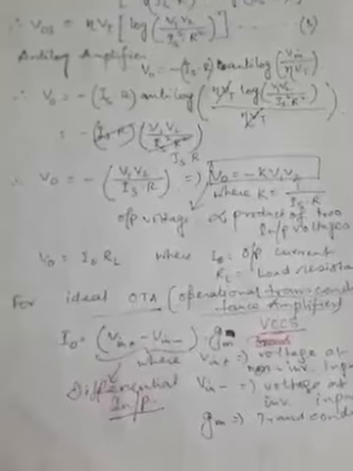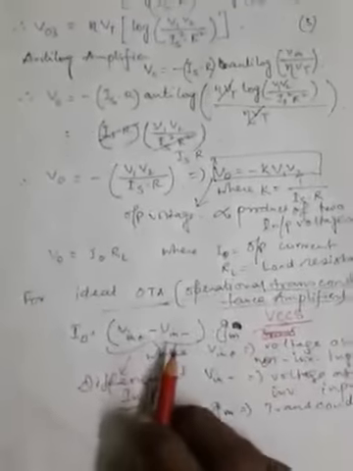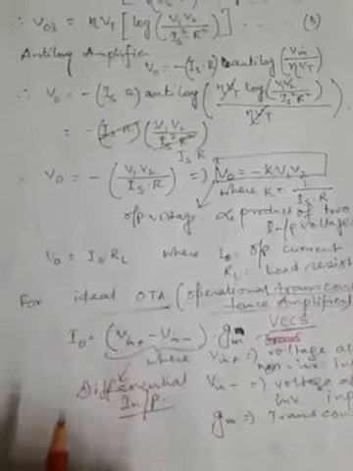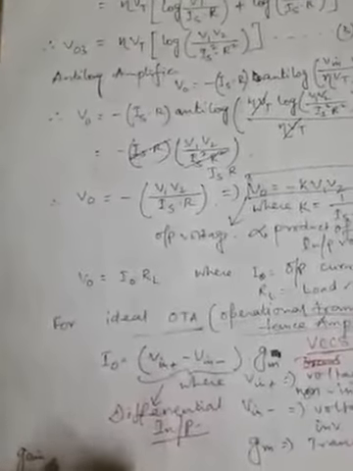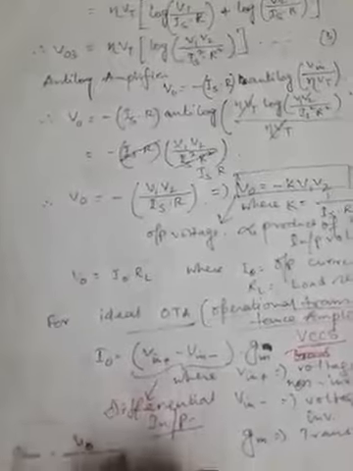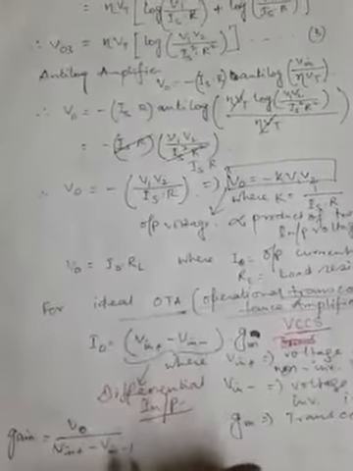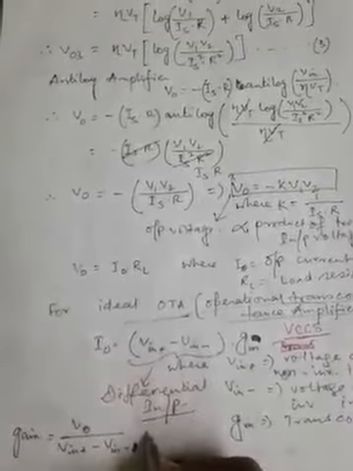Therefore, if we now want to find the gain of this particular amplifier, its gain is the output voltage VO divided by V in plus minus V in minus, and that is equal to, if you compare these two equations, IO is VO by RL.